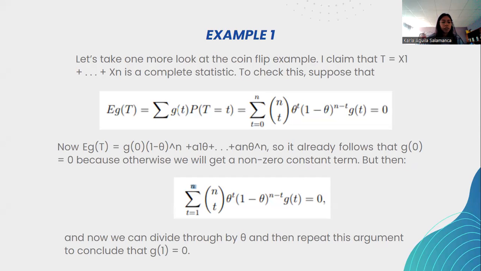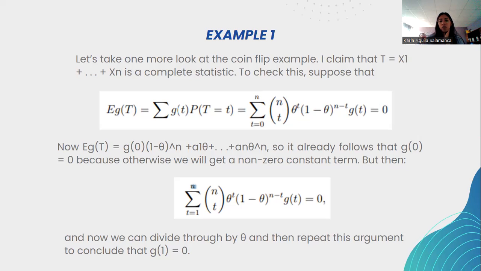We observe that this is a polynomial in theta, which can only be identically equal to 0 on an interval if all coefficients are 0. Now that we have the expected value of g, we have that this is equal to g evaluated at 0 multiplied by 1 minus theta to the n, and so it follows that g of 0 is 0, because otherwise we would get a non-zero constant term.